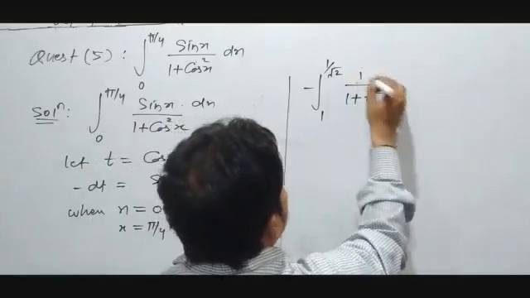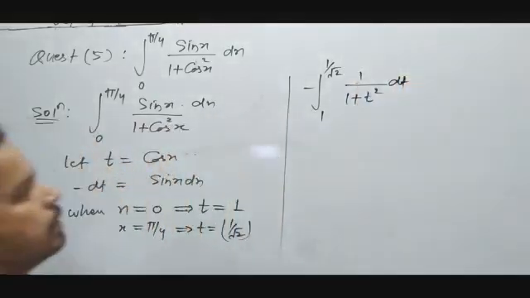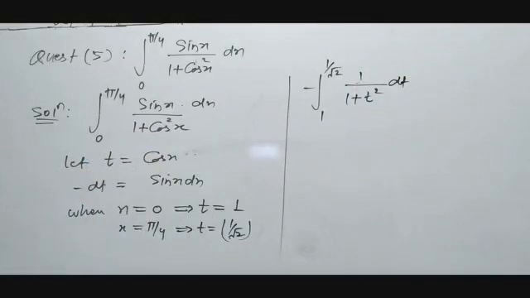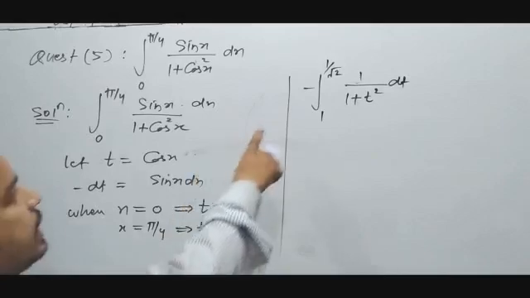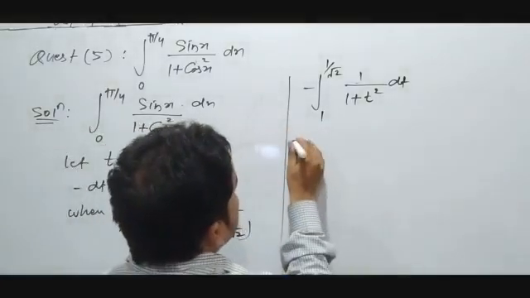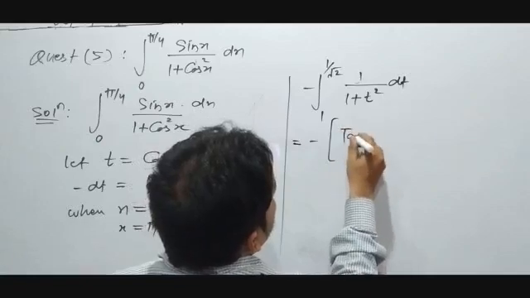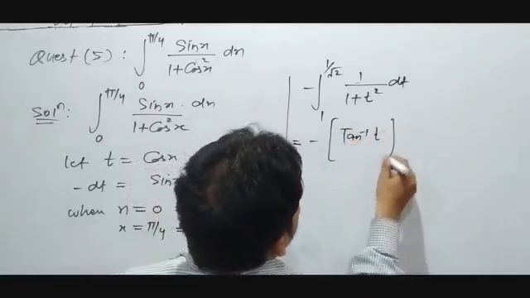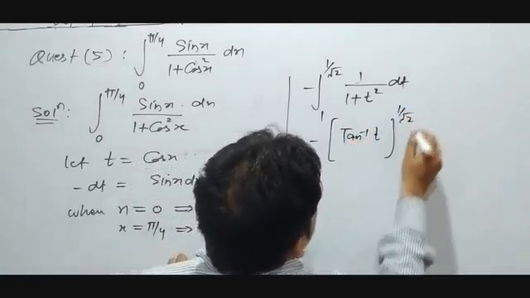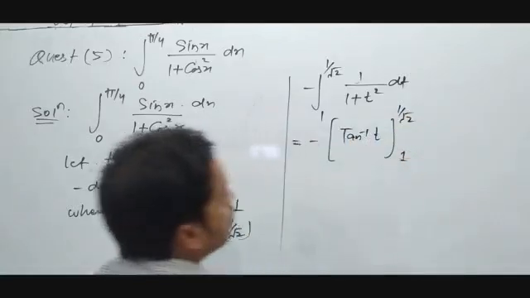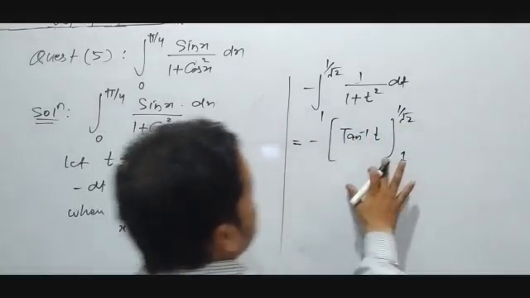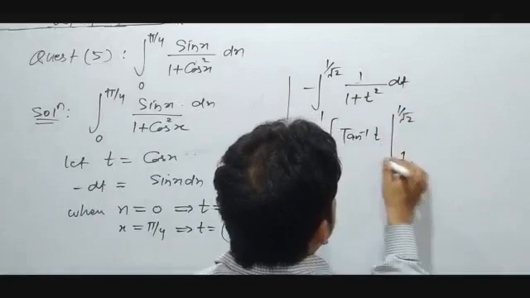And now you know its integration is tan inverse t. So minus, in square brackets, tan inverse t, upper limit 0, lower limit 1. And after interchanging the limits, the sign will be positive.